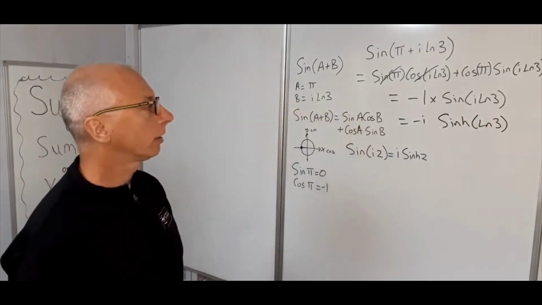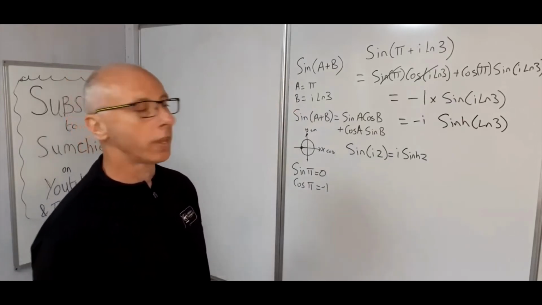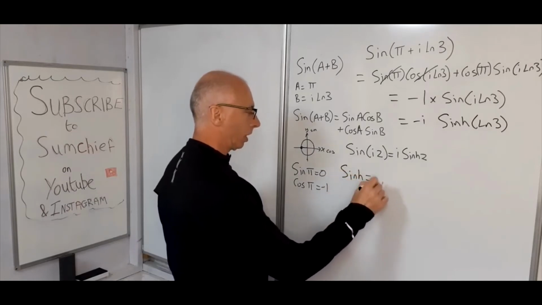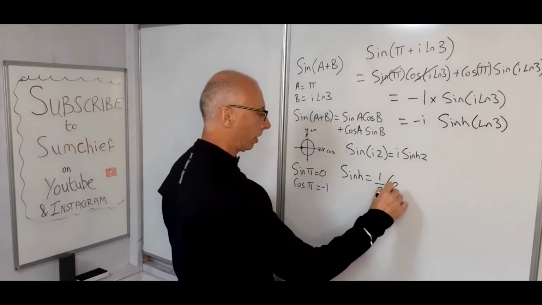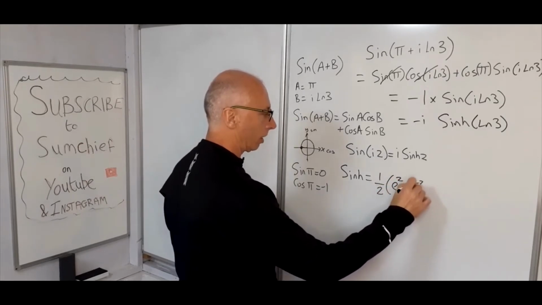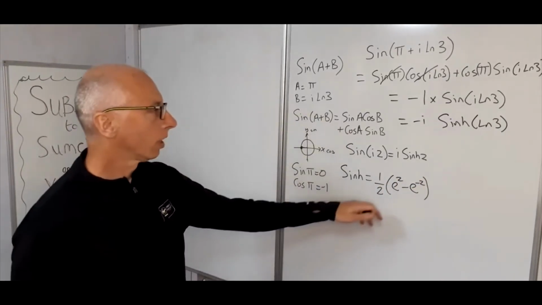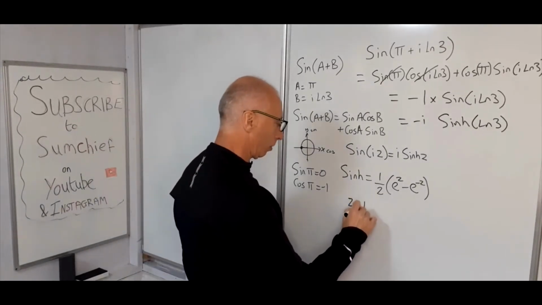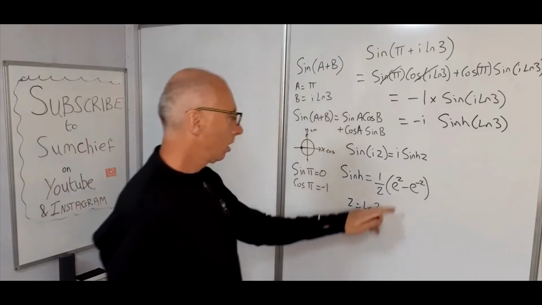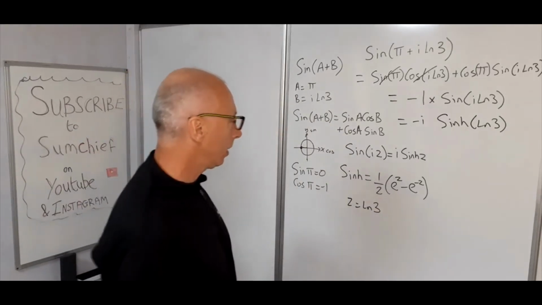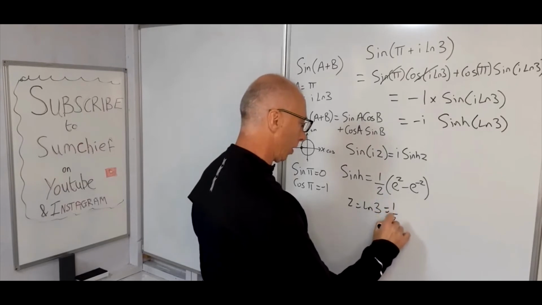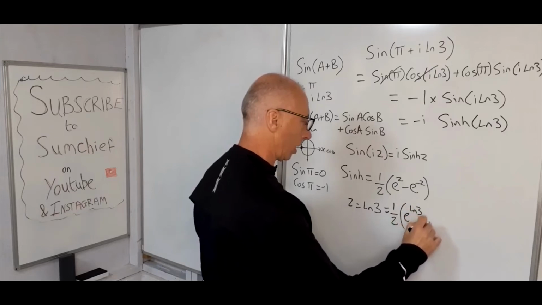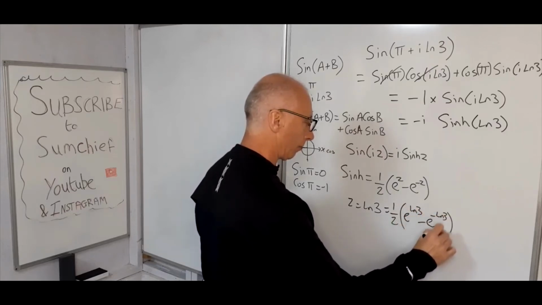Okay, sinh of natural log of 3, how are we going to work that out? Well, we know that sinh in exponential form is 1/2 times e to the z minus e to the minus z. So if we let z equal natural log of 3, we can plug that in there. So that equals 1/2 times e to the natural log of 3 minus e to the minus natural log of 3.